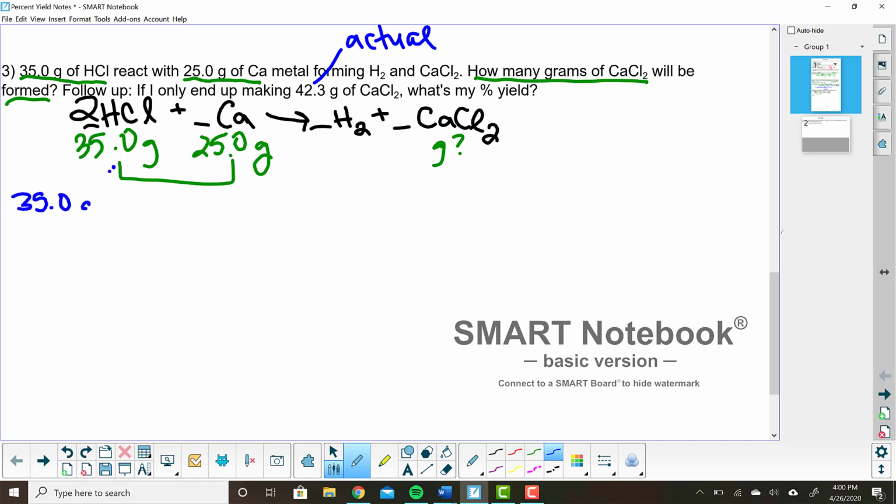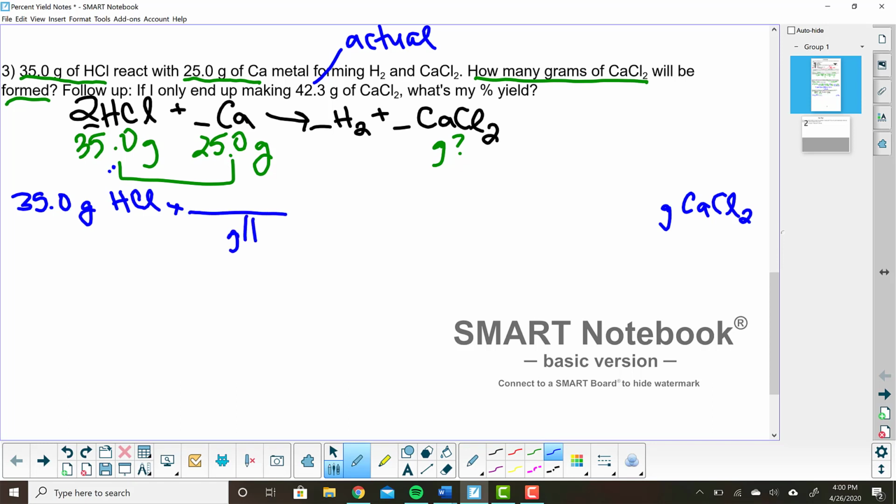35.0 grams of HCl, and we want to convert that into grams of calcium chloride. So I need to set up my conversion factor. Again, this is a grams of A to grams of B, so I'm going to go grams to moles, moles to moles, and then moles to grams. That's my setup.